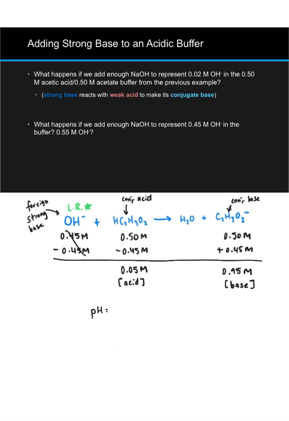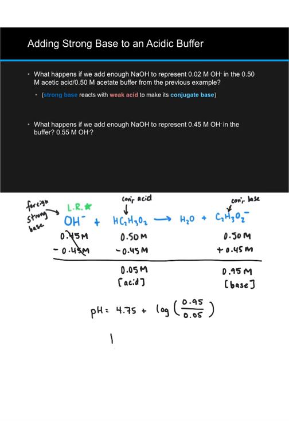The pH of this solution is equal to the pKa, 4.75, plus the log of the concentration of base divided by the concentration of acid.